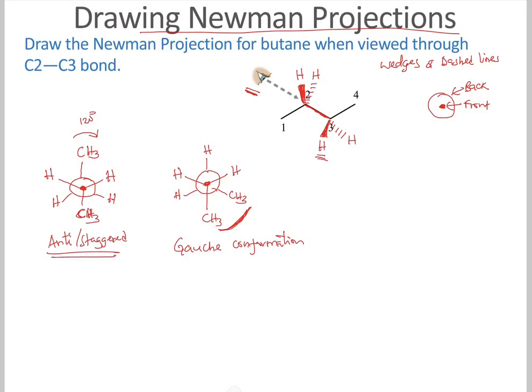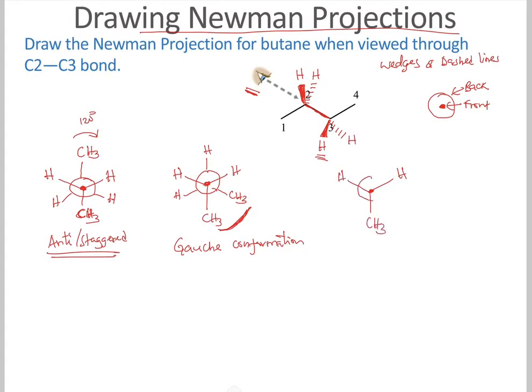Another conformation that we could generate is where the CH3s, the bulky groups, are eclipsed. In other words, they are aligned together. So we could have the front exactly the way it was at the beginning.